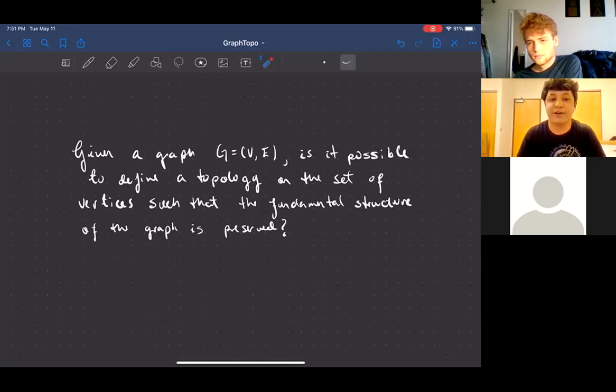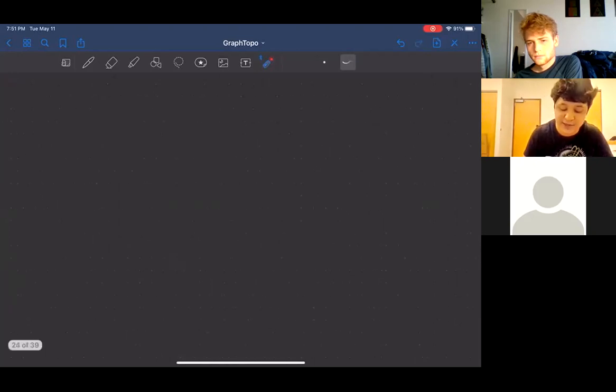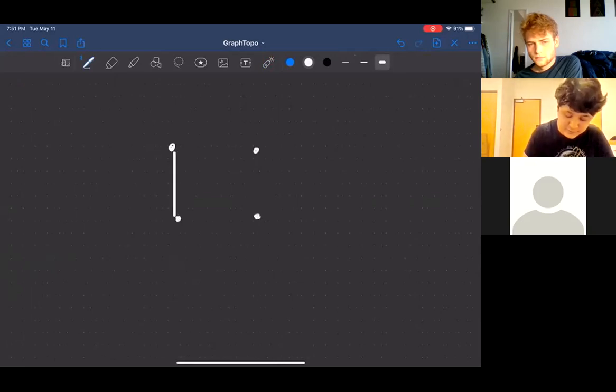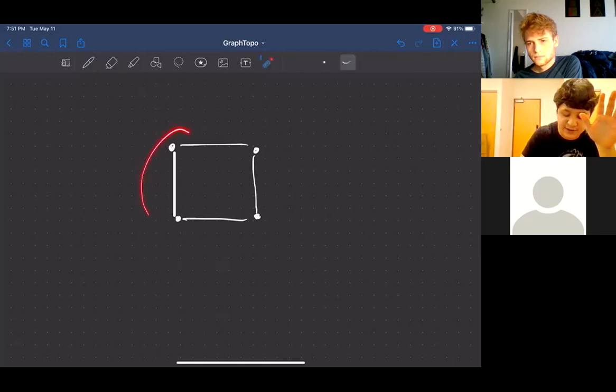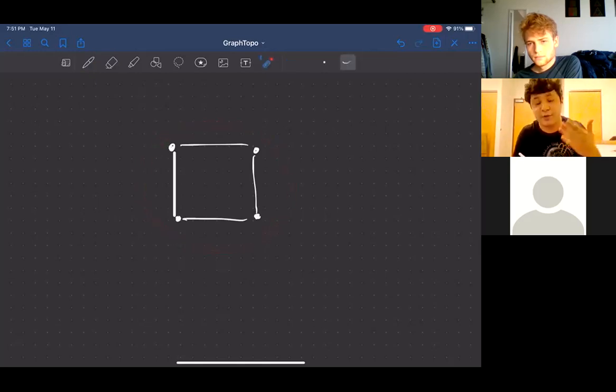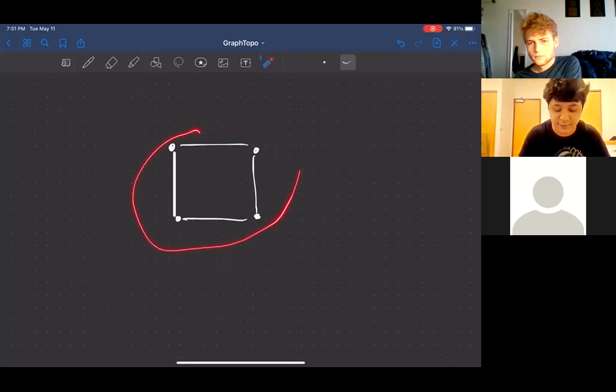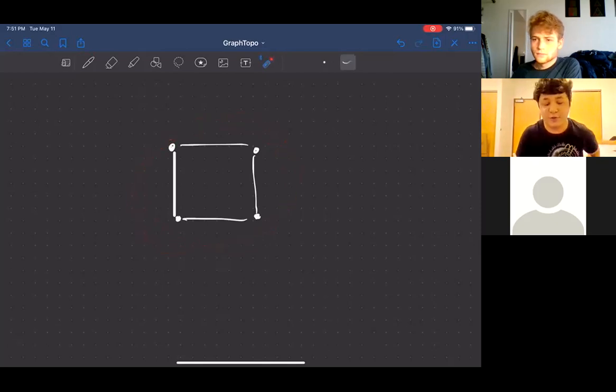And there's maybe an easier way of doing this, or one which is widely known among mathematicians. So if, for example, you have this graph, you can put this graph on the plane, and this graph will inherit the topology of the plane, because the plane already has a topology, and voila, you have this graph with an inherited topology.